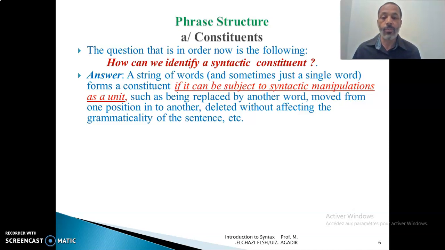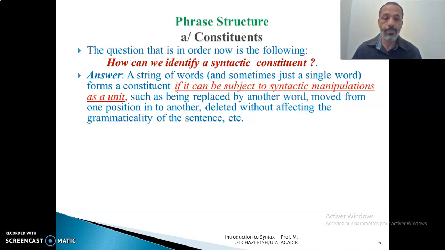Or it can be moved from one position to another. For example, with after the event in the previous sentence, we can say, after the event, John will invite his intimate friends. So after the event is a constituent because it can be moved to the initial position of the sentence. Or it can be deleted without affecting the grammaticality of the sentence.